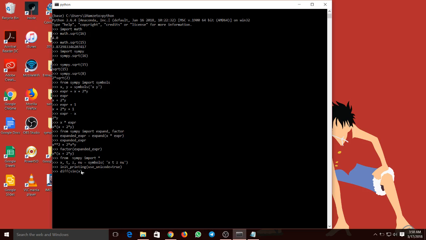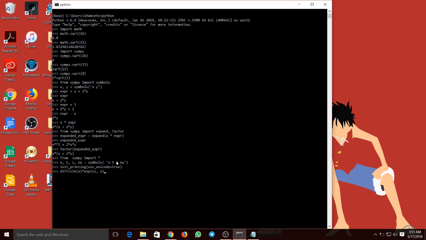We've already given 4 variables into the system: x, t, z, and nu. So we differentiate sine x multiplied by exponential of x, then comma, x.